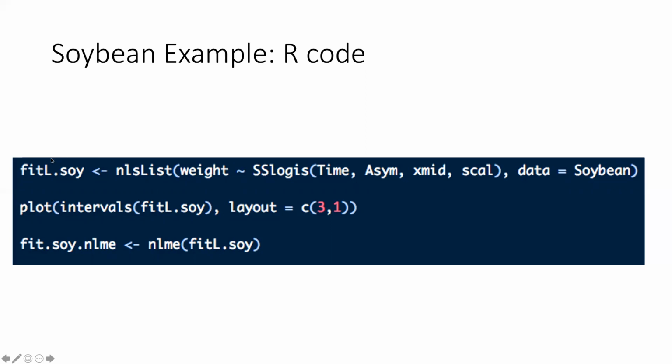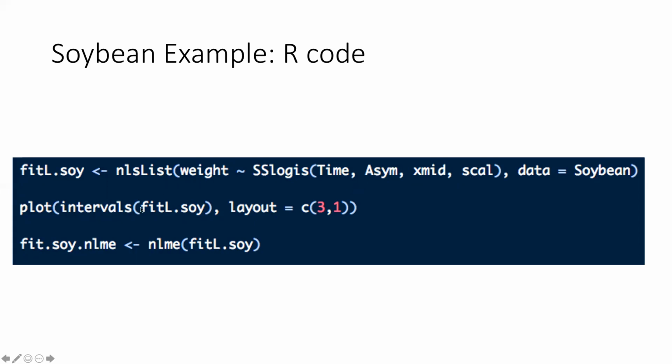In this case, nlsList is a function that cycles through all those plots that I showed you in the previous figure. And the self-starter means that we do not need to provide starting values. We have time as our predictor, our x variable. We have the asymptote, the xmid, and the scale. And then we have the soybean data that we're looking at.